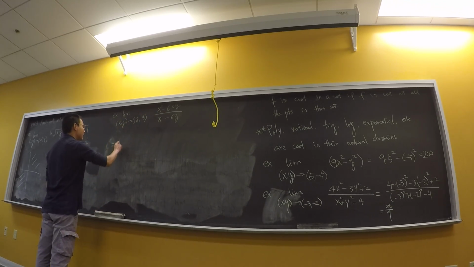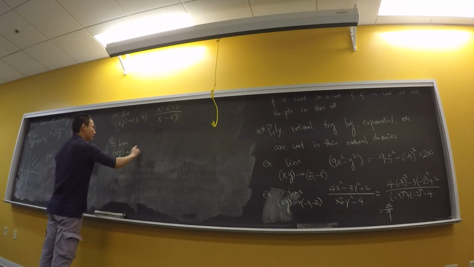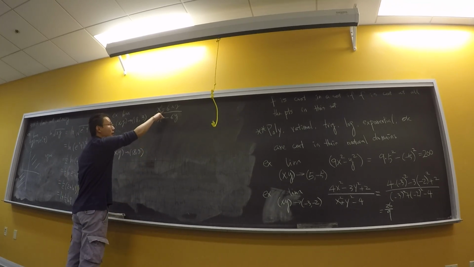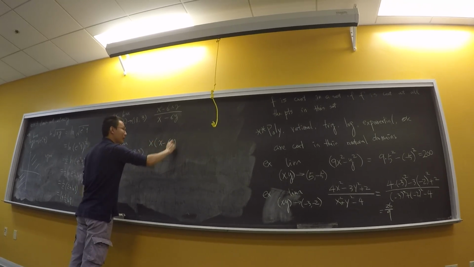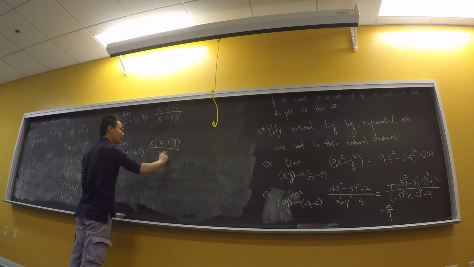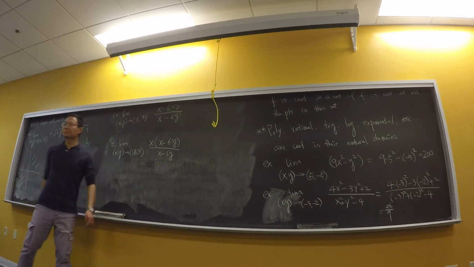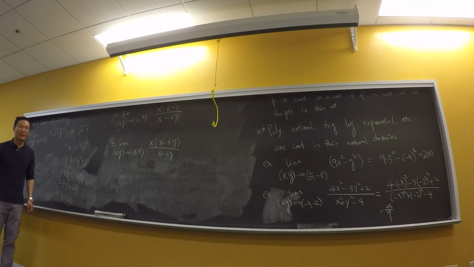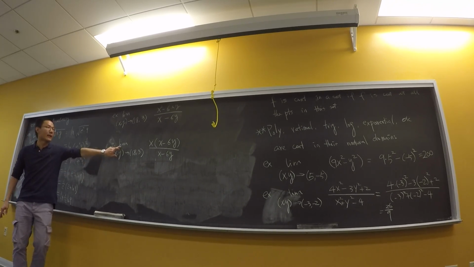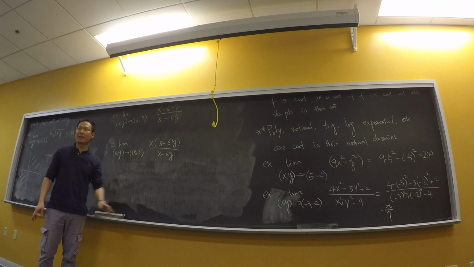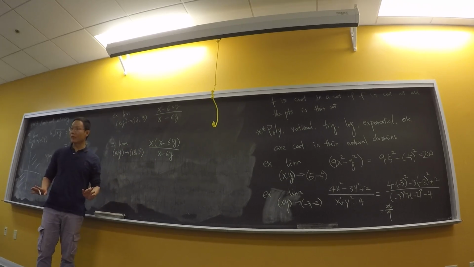This can be simplified because you can factor the numerator by x, so it's x(x - 6y) divided by (x - 6y), all right? You can do this. I haven't done anything about the evaluation yet. I haven't evaluated the limit at all, okay? And I can factor out the numerator. Now I'm going to remove the common factor.